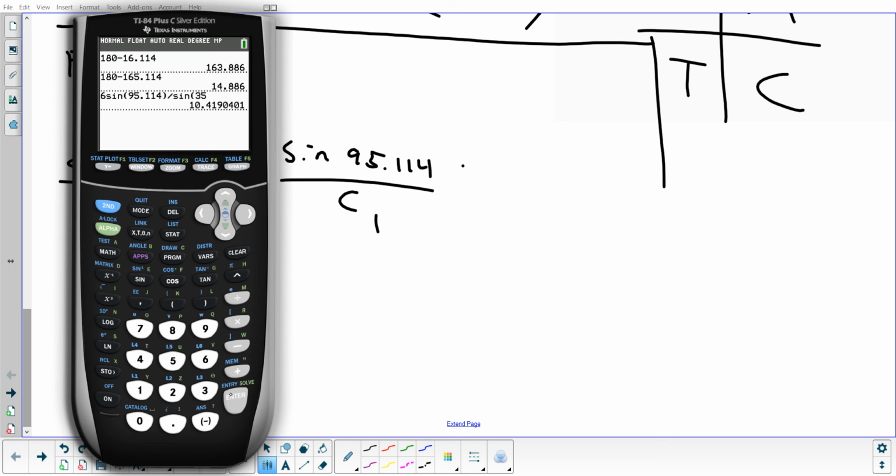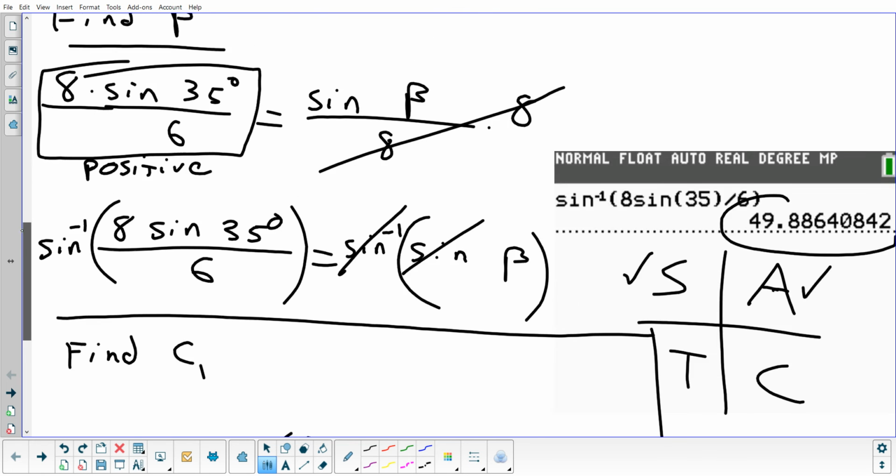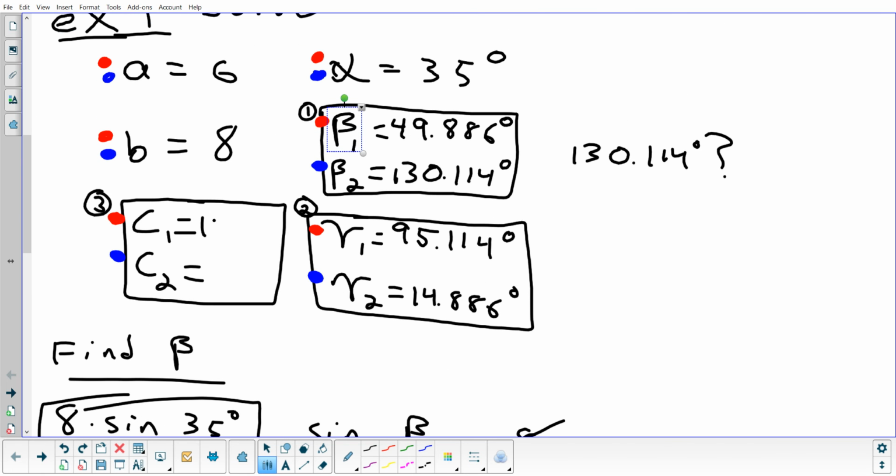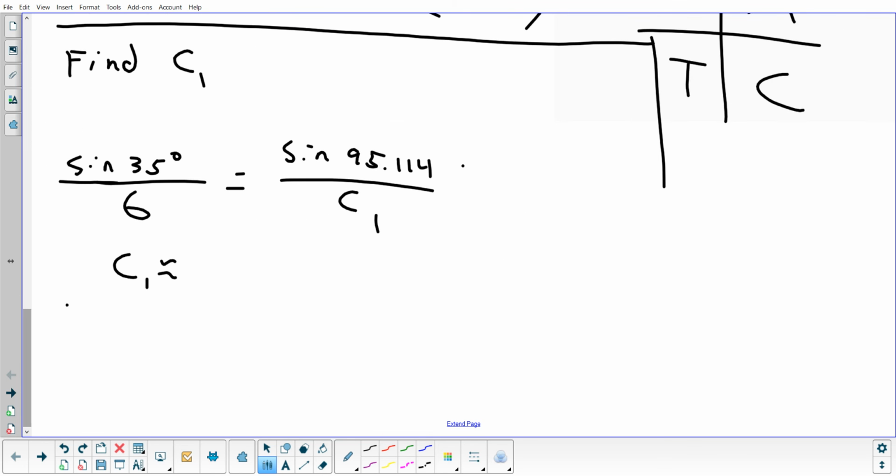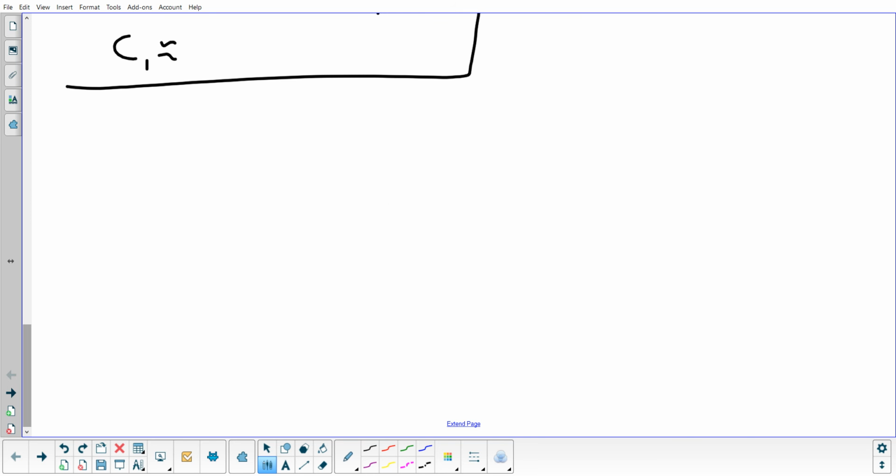So it's 10.419. Okay, so now we got C1. Now we'll set up law of sines one more time for C2.